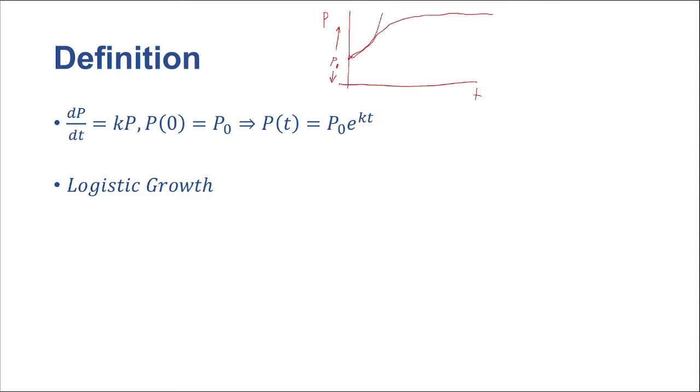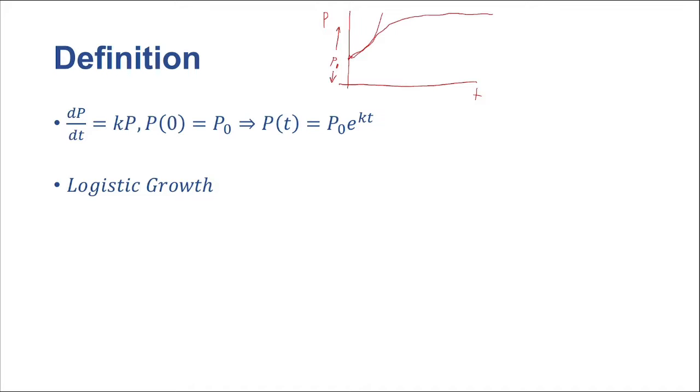We don't have infinite people on this earth. So we won't get infinite COVID cases, just like we won't get an infinite population of rabbits. That would be unreasonable. So we use logistic growth when we have a constraint, some sort of carrying capacity that we need to account for so that our population doesn't grow to become infinite.